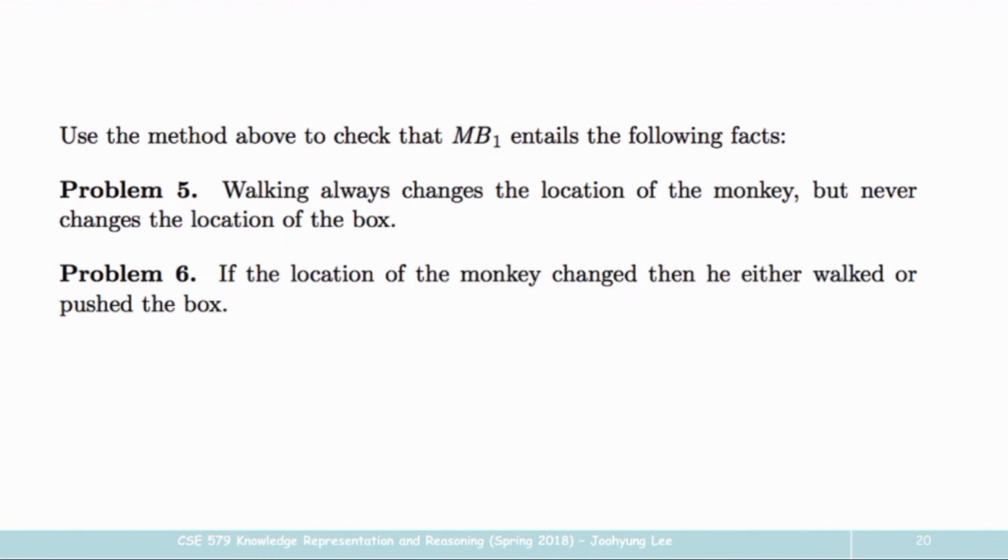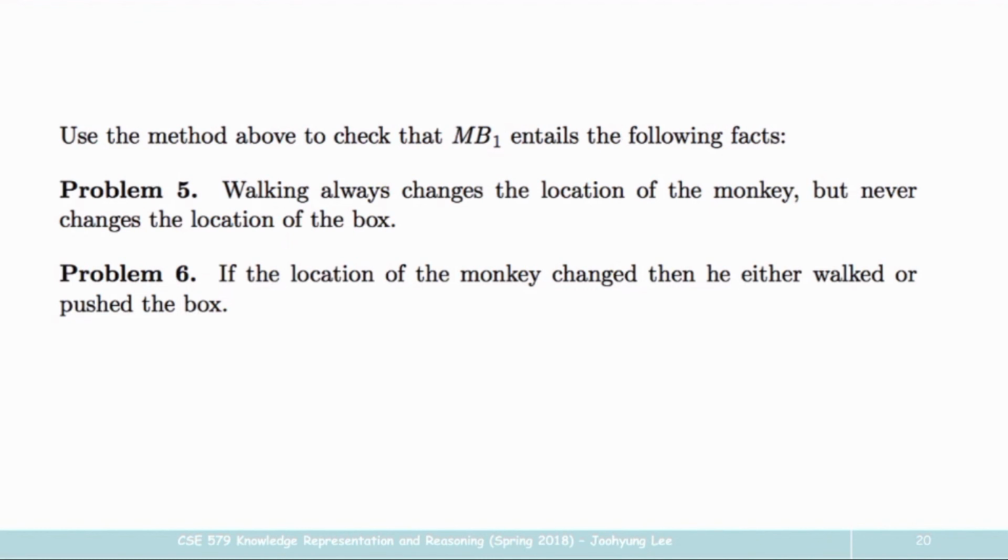Problem 5: walking always changes the location of the monkey, but never changes the location of the box. Now, obviously, this is true. How can you check this? In order to check this claim, you only need 2 timestamps, time 0 and time 1. But of all transitions that you can consider, in every transition that has walking, the location will always change. In every transition that walking is there, the box will never change its location. That's what you have to check.